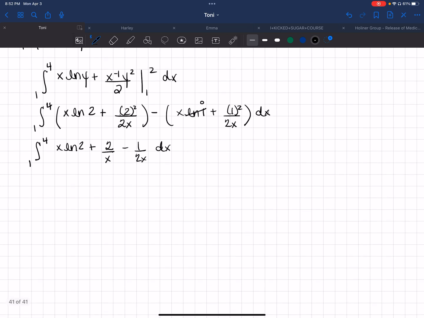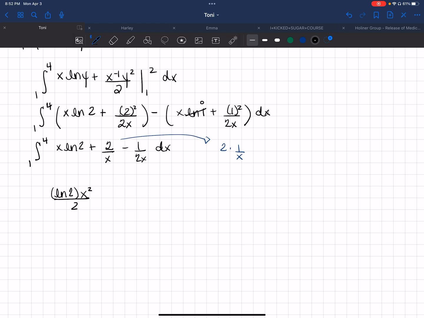Now I'm ready to take the integral of that, okay, with respect to x this time. So that natural log this time is just going to be like a constant. That's x to the first power, so we get x squared, divide that by 2. Once again, we have this right here is really the same thing as saying 2 times 1 over x.